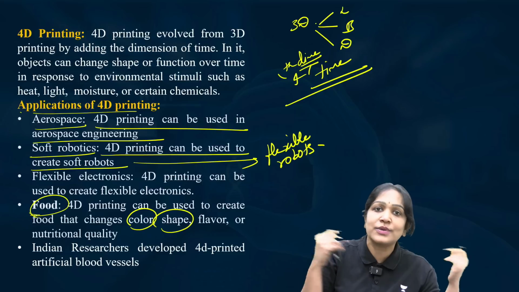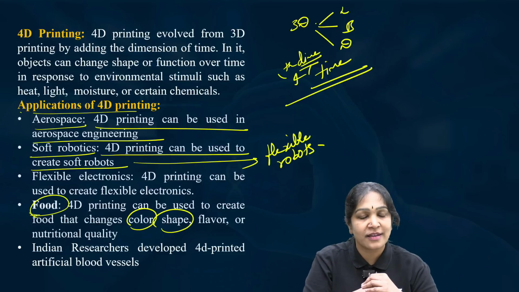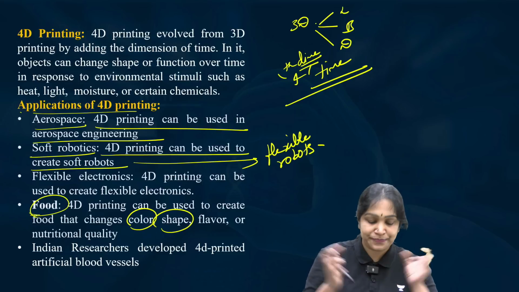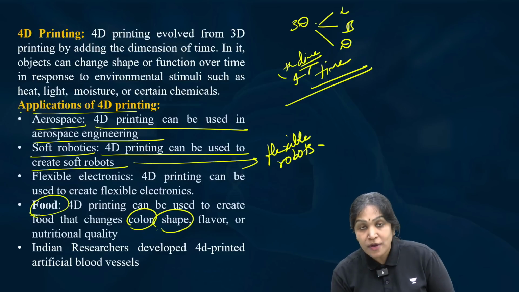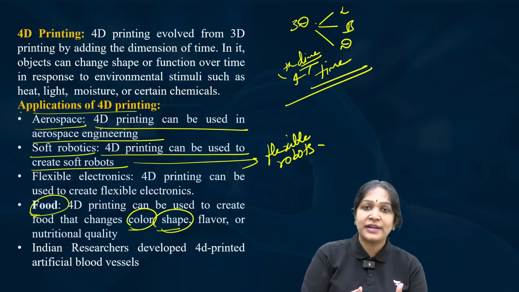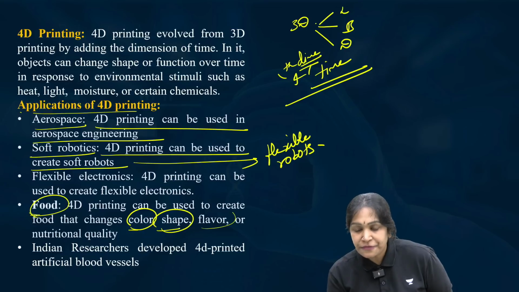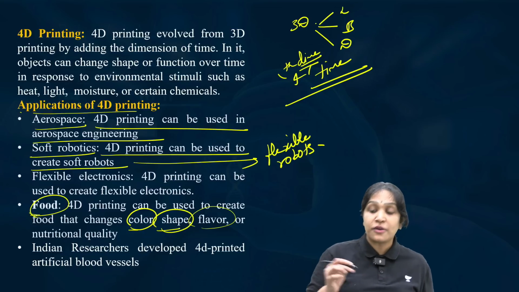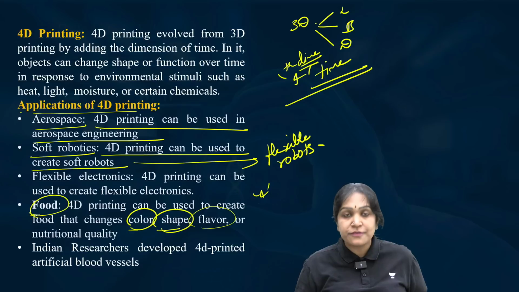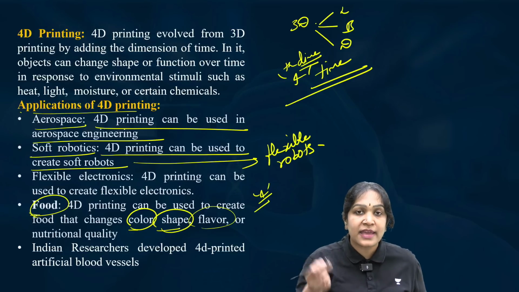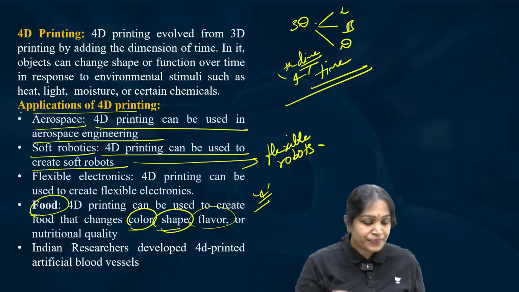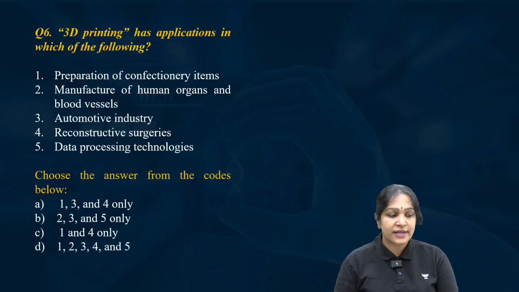I mean, it will turn into a slightly different model of the car. Very exciting for the kids. Or a pink cake you printed became purple. Then the flavor of the cake: over a period of time, which is the fourth dimension, the cake can change its flavor also. This is about 4D printing technology.